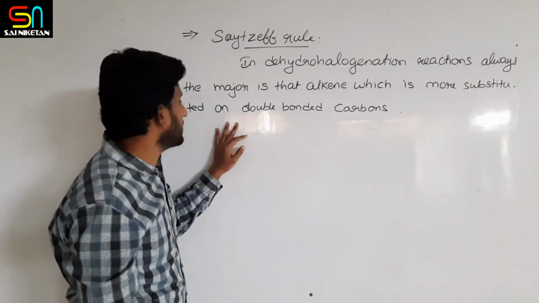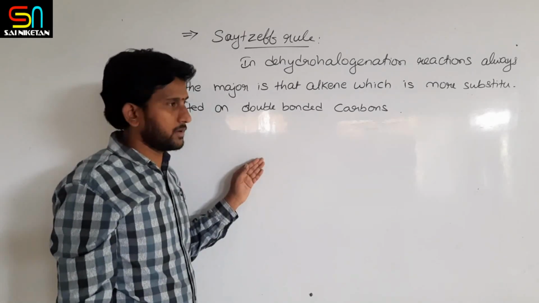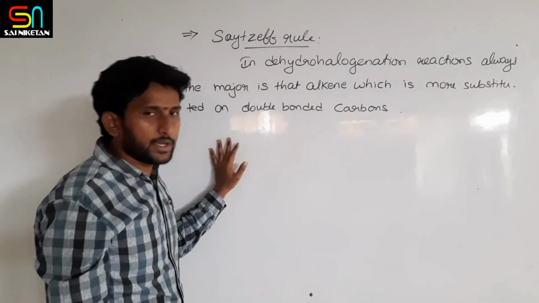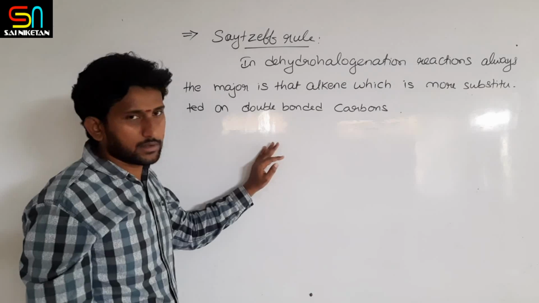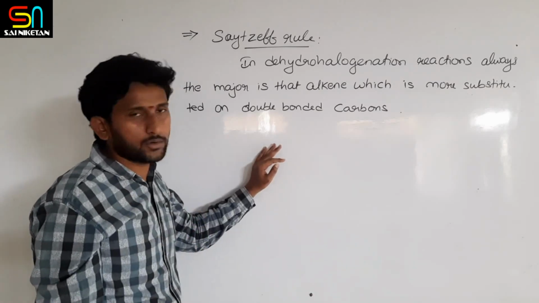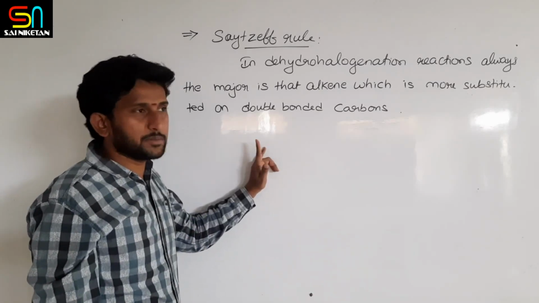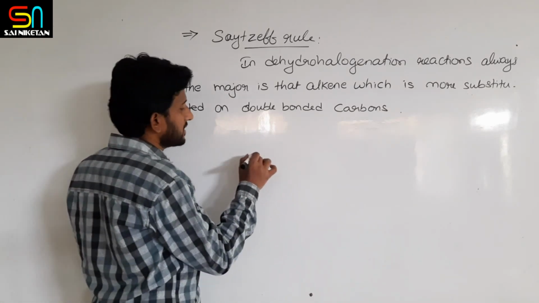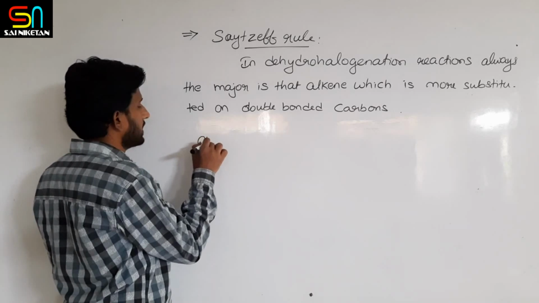Okay, so what is happening? Just now we have seen one example, 2-bromopentane. 2-bromopentane on dehydrohalogenation gives 2 alkenes, 1-pentene and 2-pentene. 2-pentene is major product. Why? Because, I write the reaction.